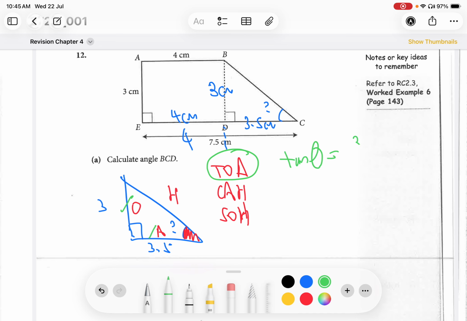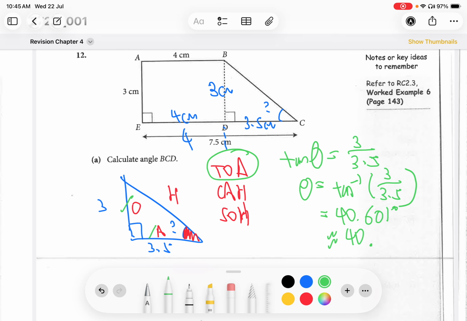Tangent theta is 3 over 3.5. So to find the angle theta, it is tangent inverse of 3 over 3.5, which is 40.6 degrees, to 1 decimal place. Angles to 1 decimal place. This is the angle BCD.